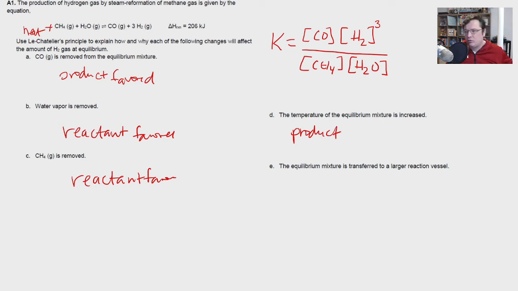And then E, the equilibrium mixture is transferred to a larger reaction vessel. If we transfer it to a larger reaction vessel, all of the concentrations are going to go down. And if all of the concentrations decrease, the biggest thing that's really going to be affected is the H2, because it has that power of 3.